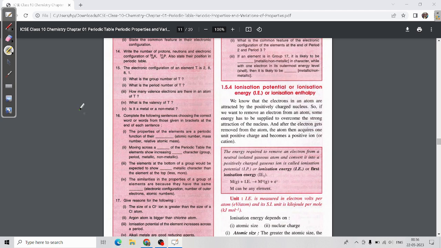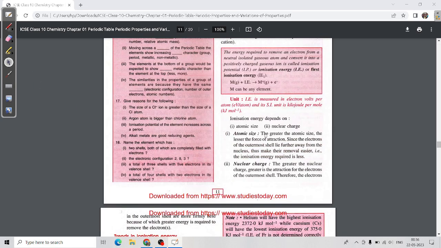Next is ionization energy. Like all atomic properties, it mainly depends on atomic size and nuclear charge.